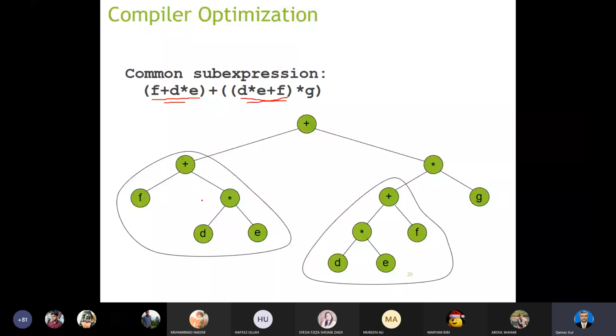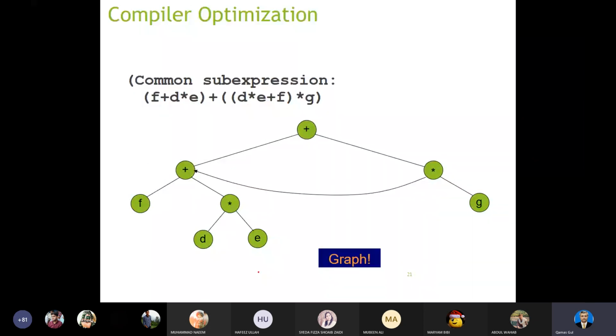So if you want to optimize your compiler, you can solve the whole expression by using this one subtree. This one subtree can serve your whole expression.